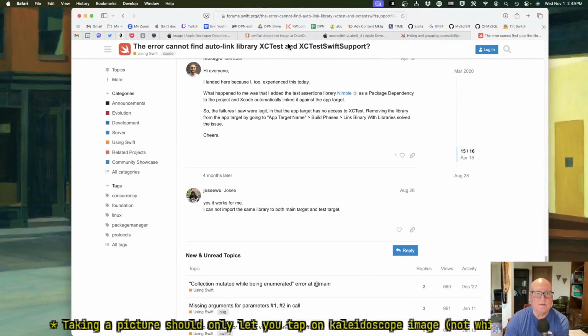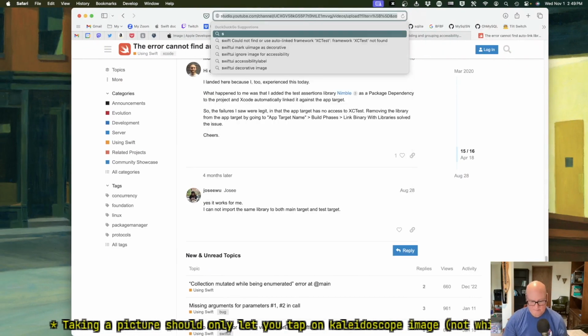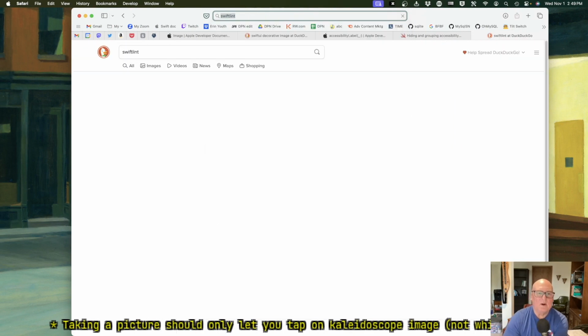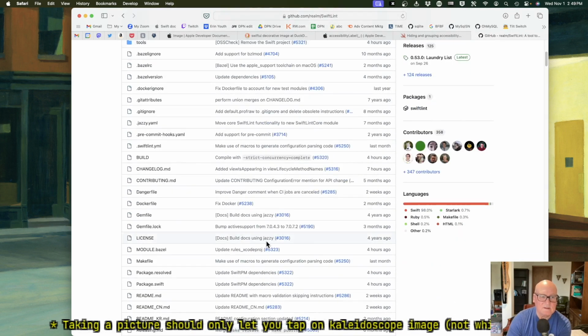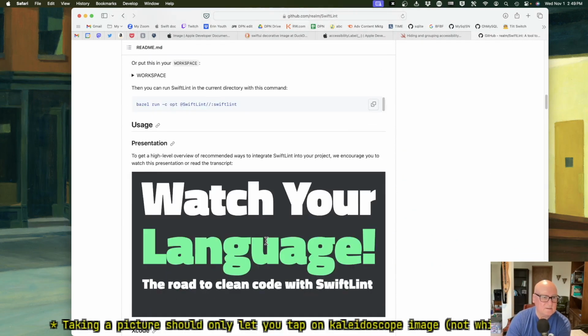All right, and while that's doing, I'm going to look back at the SwiftLint documentation and mark those places I don't want to worry about these things.